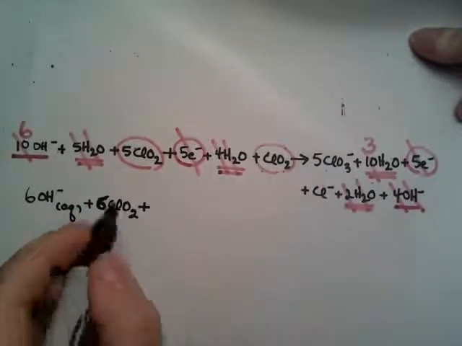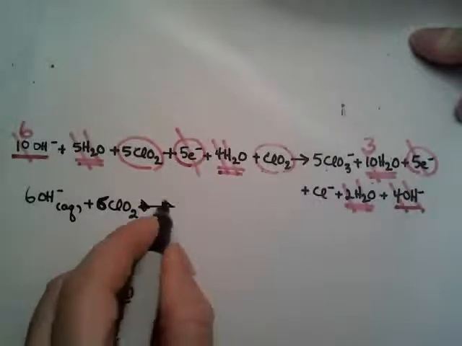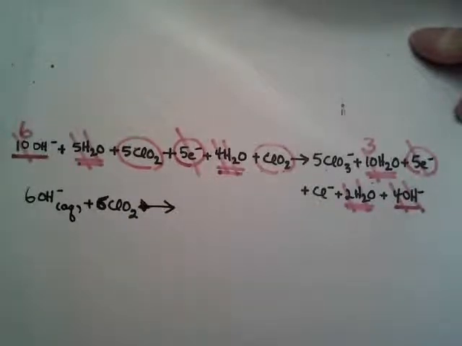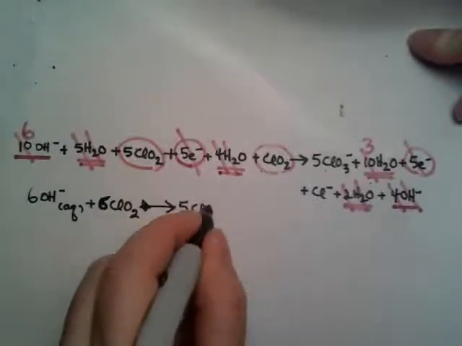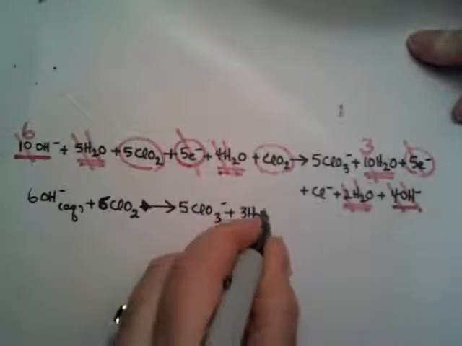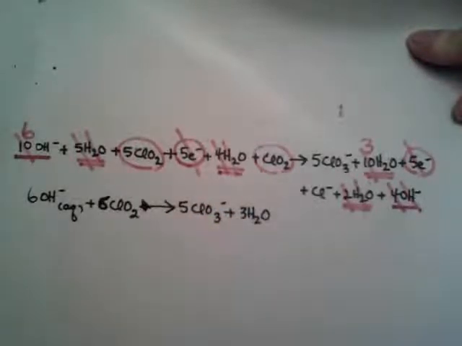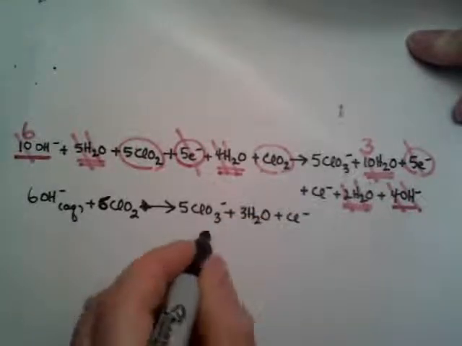And nothing, nothing, nothing. That's actually the whole thing on the left. And then on the right I have 5 ClO3-, 3 waters, and a chloride ion.